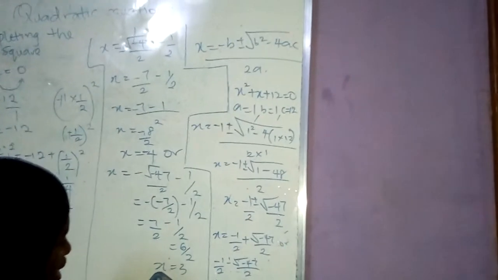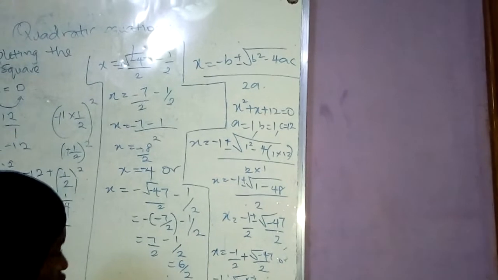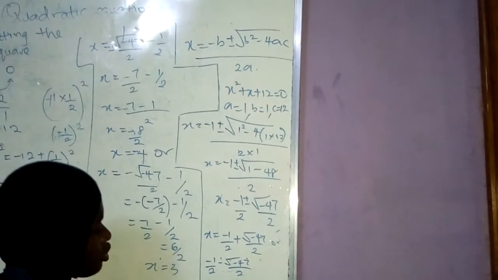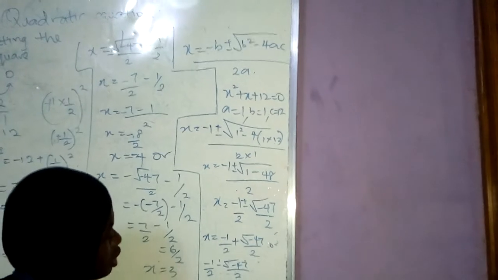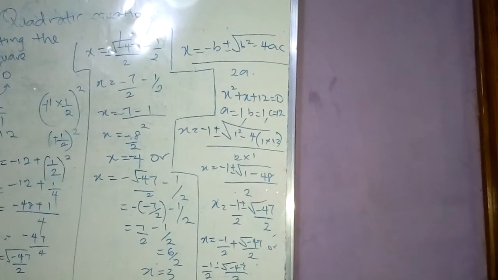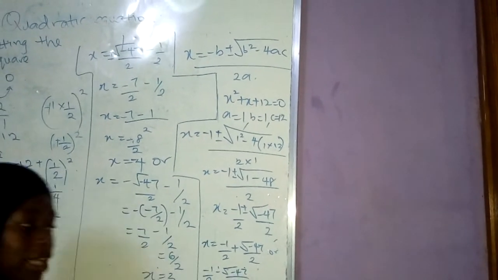So it's going to give us approximately 4. Minus 4 or 3. Or you can do LCM.